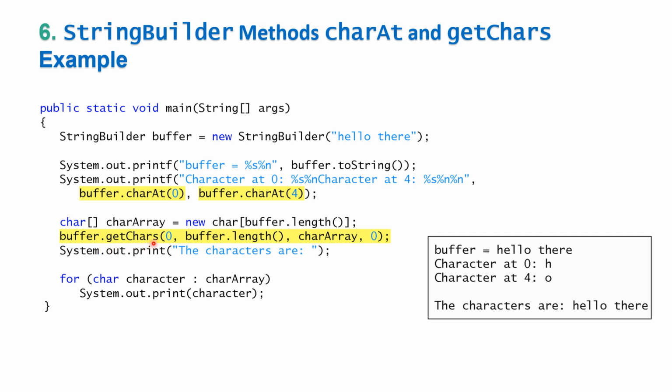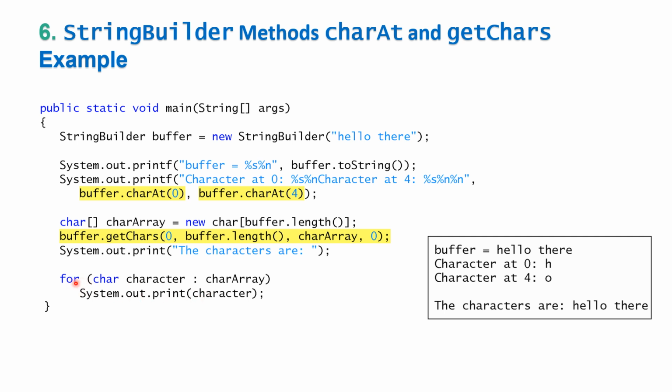Then it calls the method getChars on buffer, passing 0, buffer.length(), charArray, and 0 as arguments. Here charArray is an array of type char that has the same length as the current length of the buffer. Then it displays the characters in charArray after calling getChars on buffer.